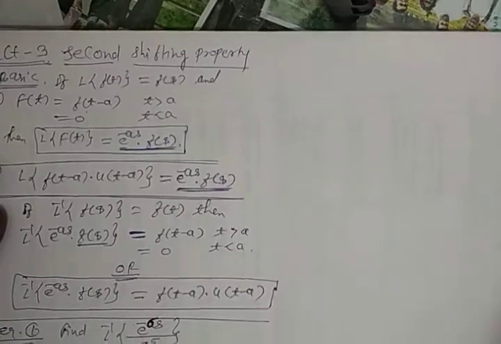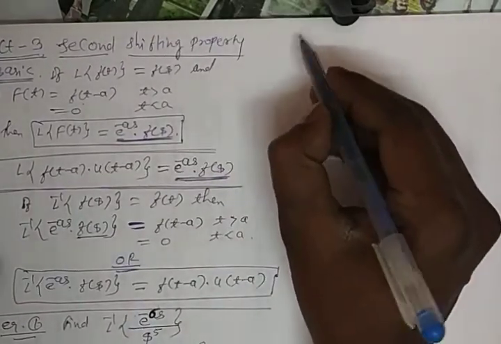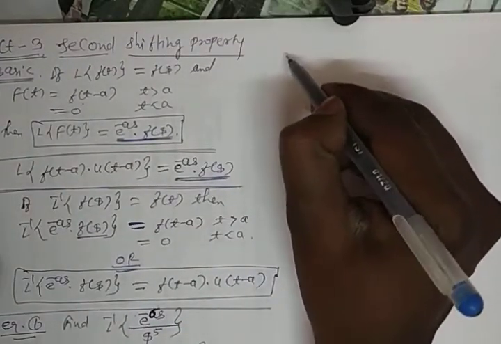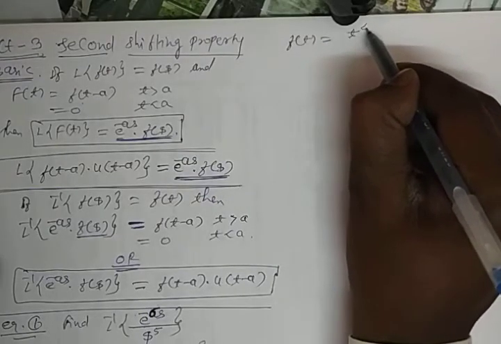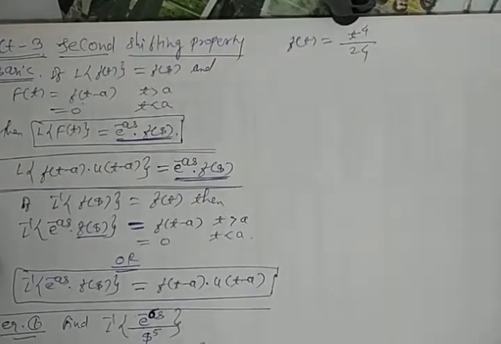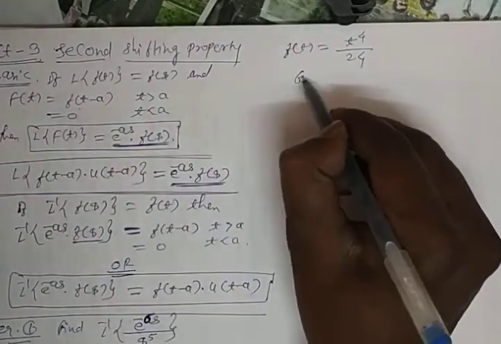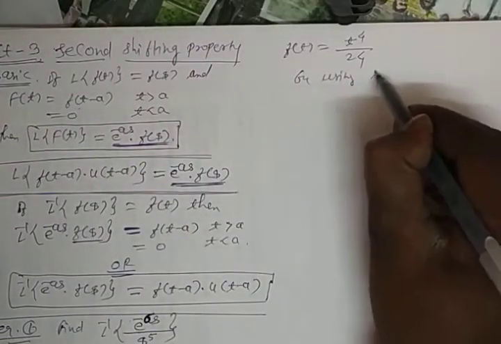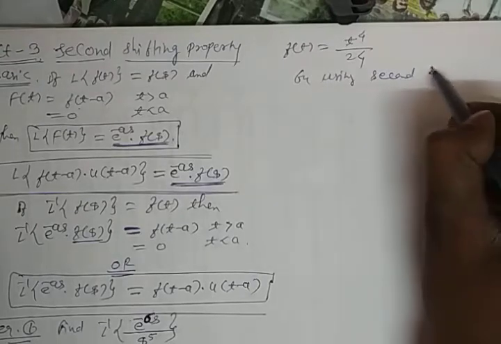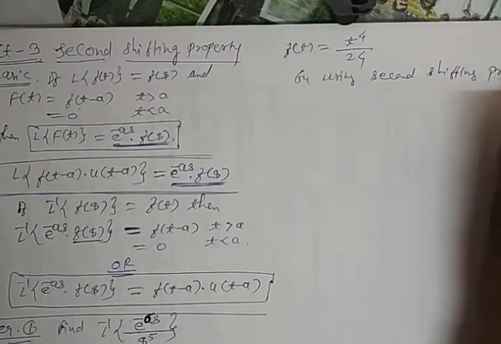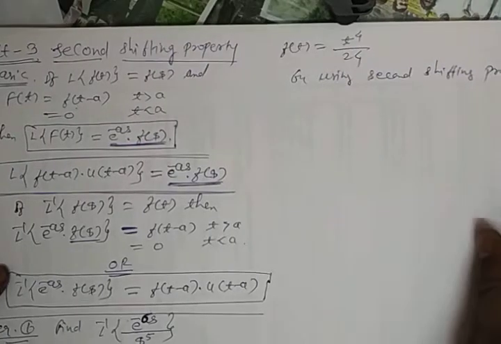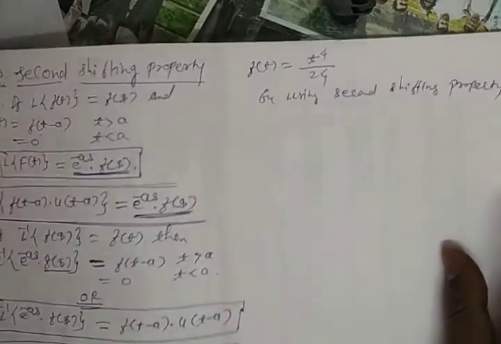Now next, what we have got f of t here? f of t is t raised to 4 upon 24. Okay, now by using second shifting property, what we can write this?